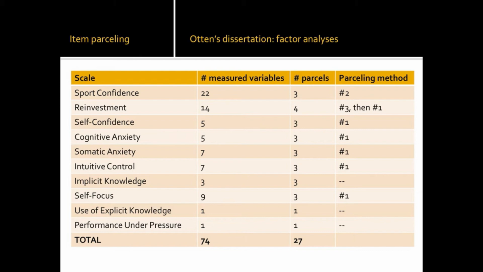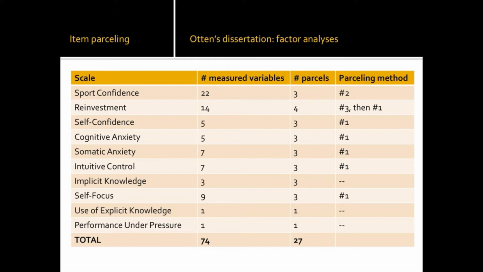For the self-confidence scale, there were 5 items. I made 3 parcels. It was 2 items, 2 items, and 1 item. I was very close to leaving it as 5 items, but we were concerned that reviewers might be skeptical of such a large model, so many measured variables with such a small sample, that we wanted to item parcel it down as much as we could. So that's what we did there.